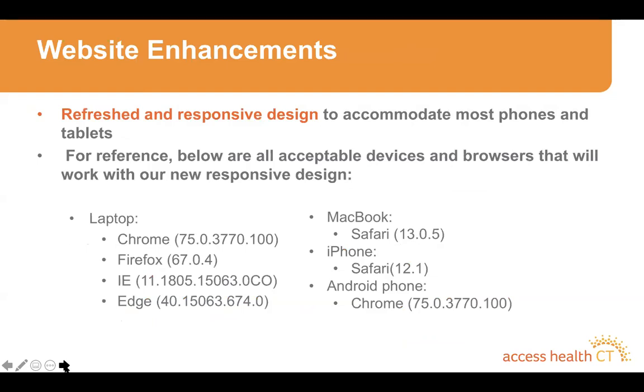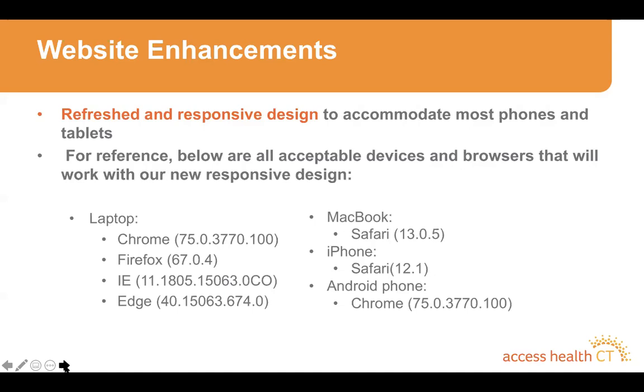Okay, so release 27 was a responsive design release, primarily. One of the major goals of the release, which was deployed April 17th, was to make the screens viewable on all sorts of devices and platforms, across operating systems and across browsers, right? So hopefully now if you're looking at accesshealthct.com on a smartphone or a tablet or any kind of laptop, you're going to have a better experience.